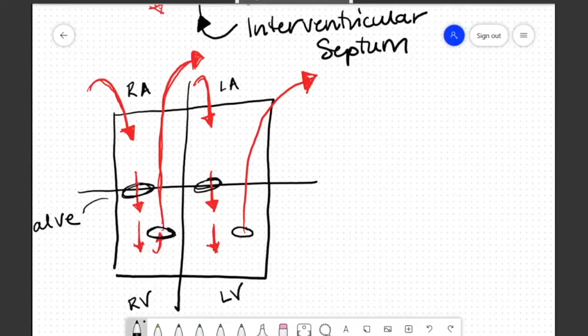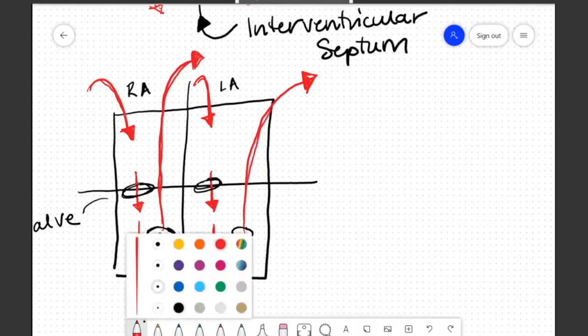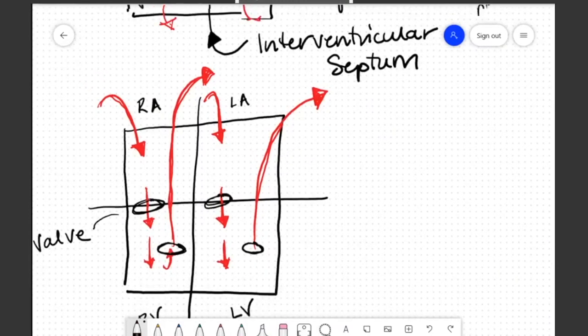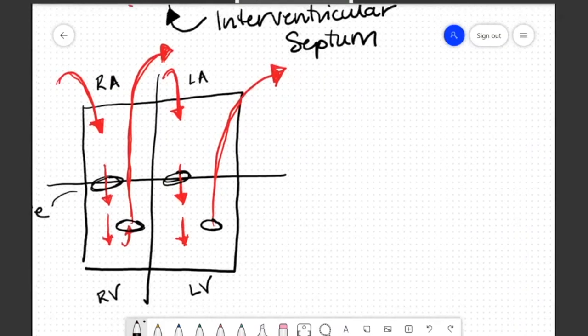And then the blood needs to be able to leave the chamber, the right ventricle chamber or the left ventricle chamber. So in order to do that, it has to leave through another door. So basically what we're saying is within the heart, there are going to be 4 doors. These are called your valves. So there are 4 valves.